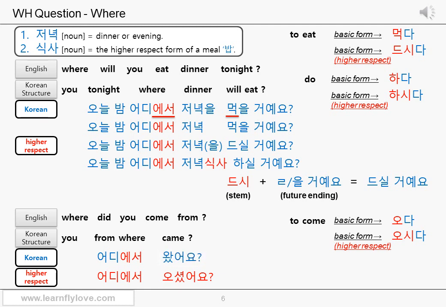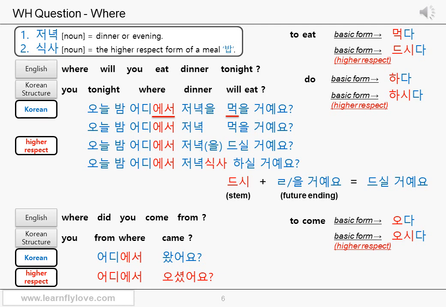sounds good. Came. The basic form of this verb is 오다 and the stem is 오. We need to add 아요 to turn it into the past tense because the vowel 오 is a yang vowel. We need to add 았어요 with the same yang vowel. 오 았어요 sounds weird because we didn't combine the sound of 오 and 았.